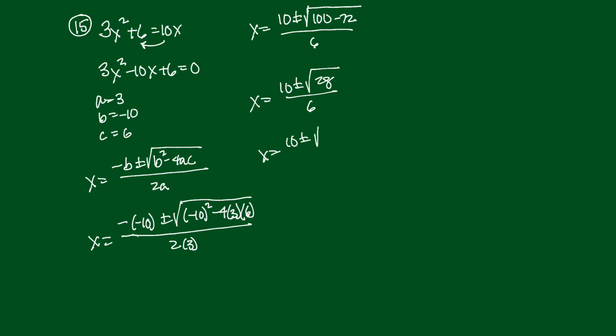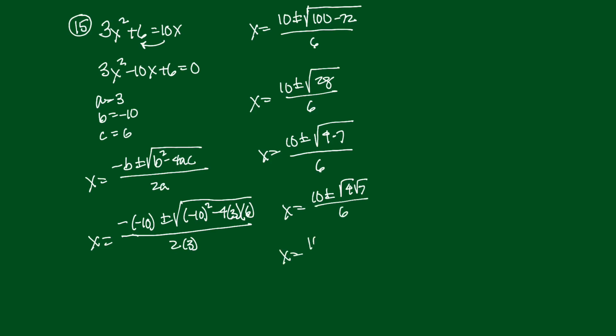X is equal to 10 plus or minus. Now that square root of 28, I can break that down. I know a perfect square that goes into 28. 4 goes into 28 7 times. And I'm doing that because I know the square root of 4. I can take that out. All over 6. So x is equal to 10 plus or minus, right, square root of 4, square root of 7, all over 6.